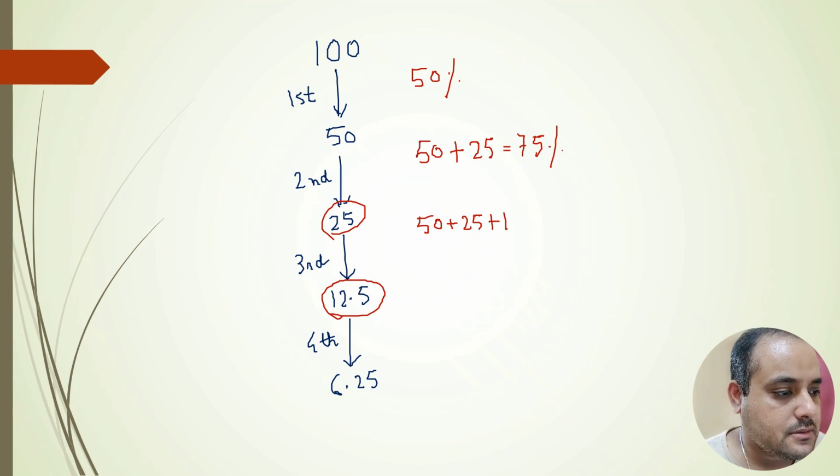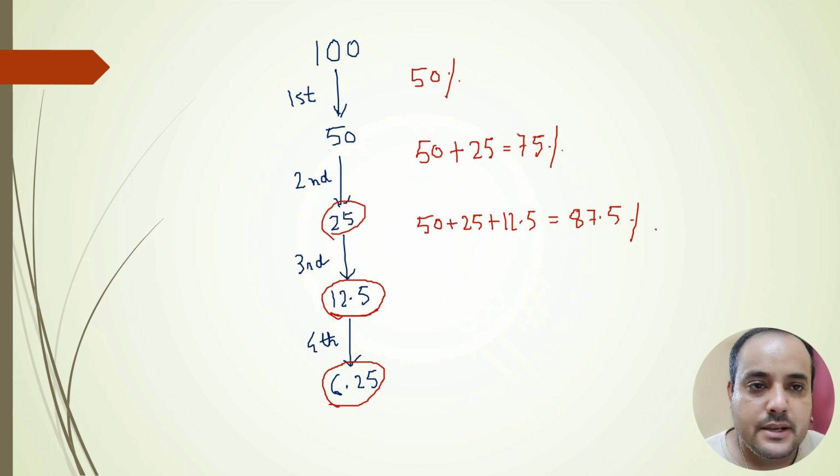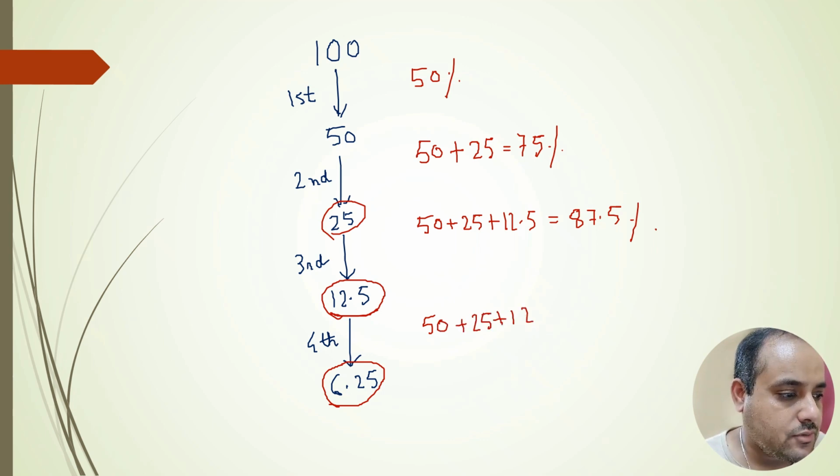That means I also lost 12.5 molecules. That means now I have lost 87.5% of the drug. In the fourth T half I started from 12.5 and then ended up with 6.25, which means I have lost 6.25 molecules. So now I have lost 50 plus 25 plus 12.5 plus 6.25, which is equal to 93.75% of the drug.